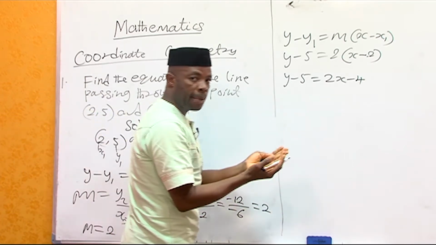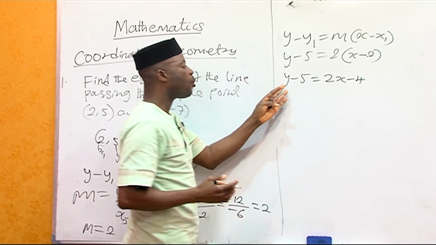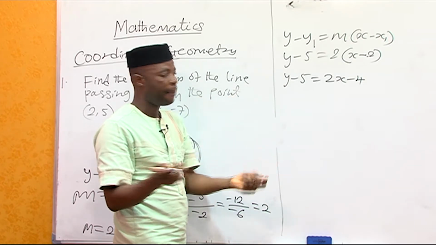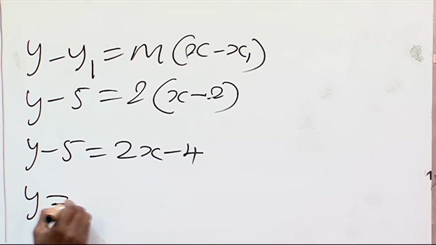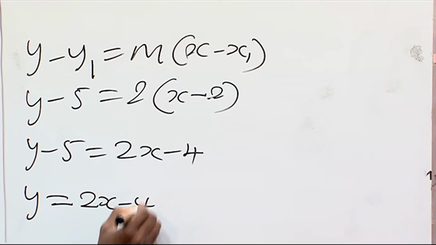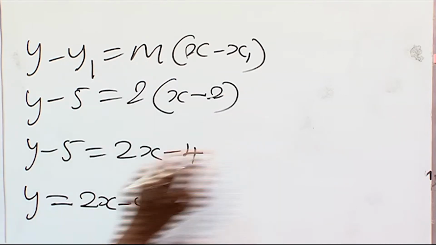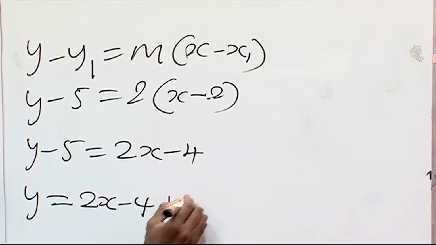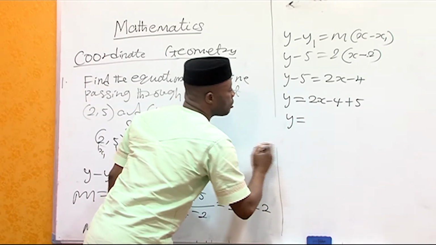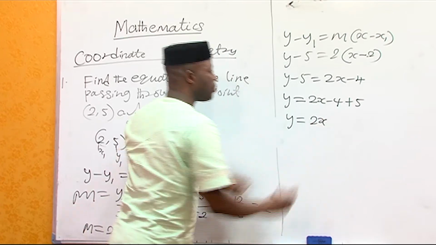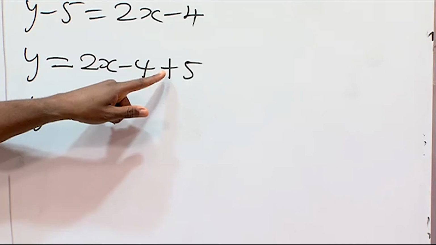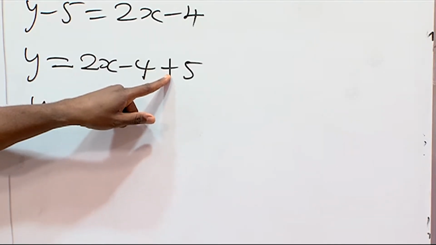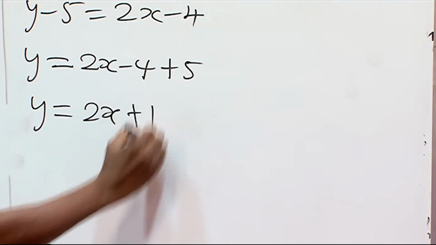You collect like terms, or we make y the subject of the formula. y equals 2x minus 4, and the -5 crossing the sign of equation becomes +5. So y becomes 2x minus 4 plus 5, which gives us +1.